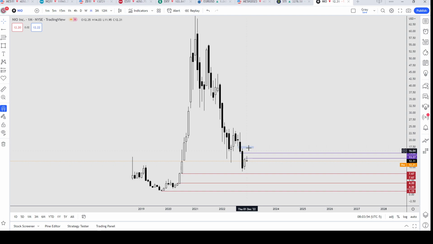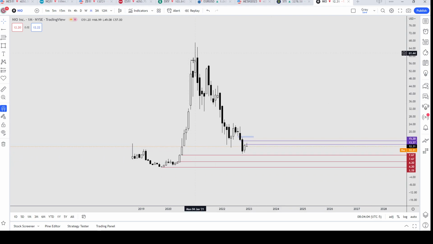I just want an instant, immediate reaction down from this fair value gap. Alright, for NIO it's kind of tricky, because the thing is that it's a lower high structure, right? Usually a higher high structure would be better. Okay, so I think that's about it, just for some fun.